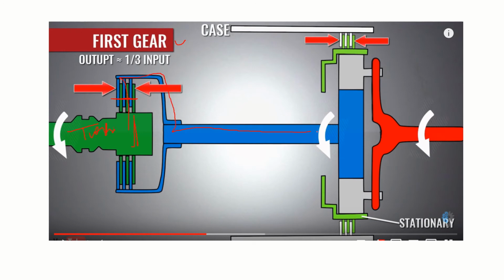So this rotates means this sun gear will rotate. This sun gear will drive this planet gear. See here, this ring gear is stationary, right? Because here we have applied the force. So this is the combination you will get, and as per that formula, you can find out the number of teeth and all that, and you will be getting the output speed here. This is how we will get it.